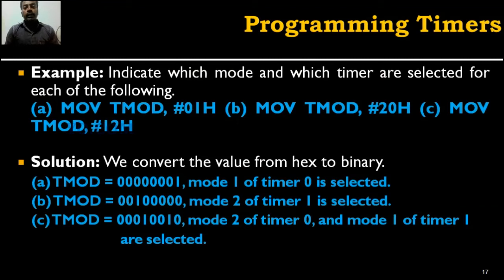Now the programming of the timer. In order to program the timer, we consider the TMOD register and the TCON register. These two registers are very important. Example: indicate which mode and which timer are selected for each of the following: MOV TMOD, #01H; MOV TMOD, #20H; MOV TMOD, #12H. The TMOD register is an 8-bit register used to select different modes.